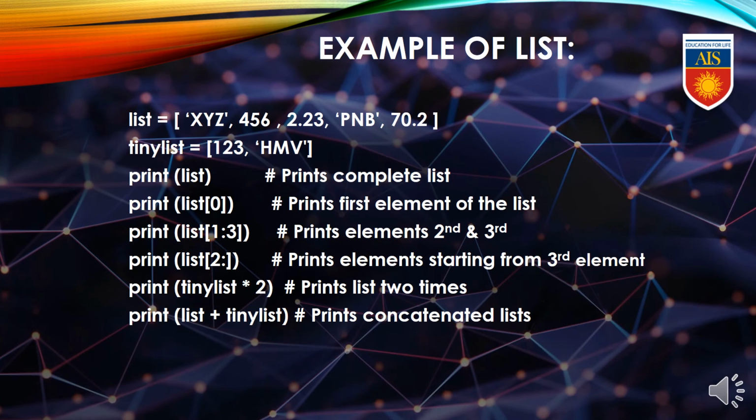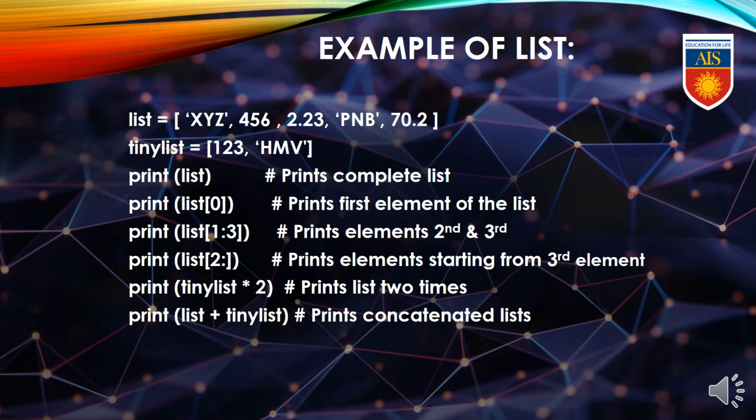Example of list: list equal xyz, 456, 2.23, pnb, 70.2. So as per our requirement we can assign any value of any data type. Tiny list equal 123, hmb.